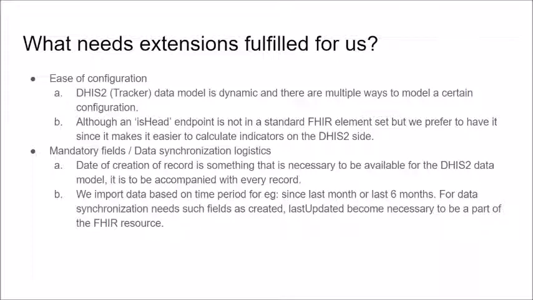So we take the data from openIMIS, put it in DHIS2, and do the analysis there. That means there is a certain way we have to configure our system so that all the indicators can be calculated and the dashboards can be populated.